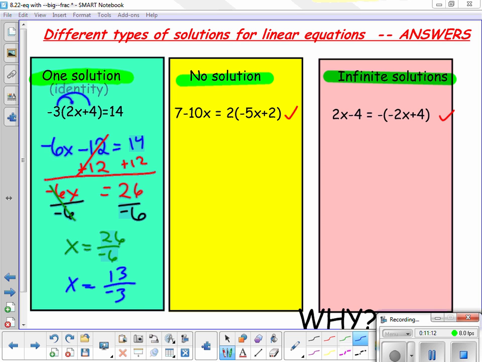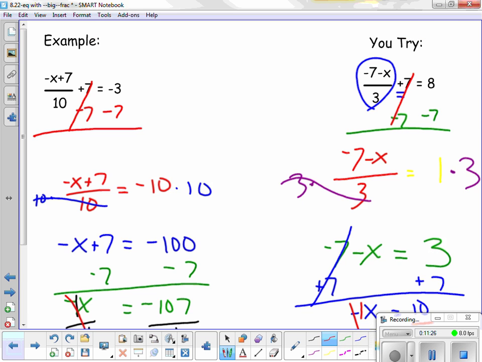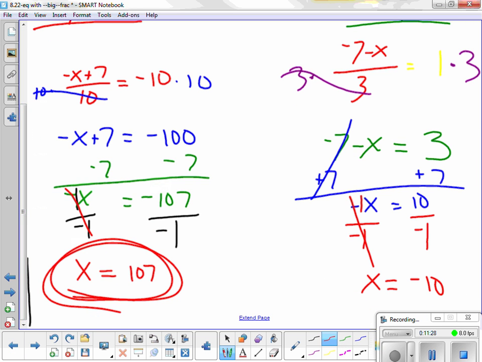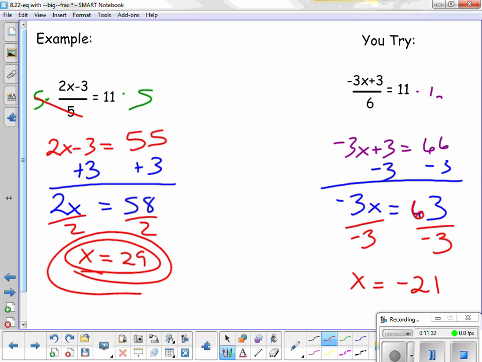Now notice my answer. My answer is x equals negative 13 over 3. That is a number. x equals a number. So all these problems that we've been working with, our answers were x equals some number. Every one of them, x equals some number.